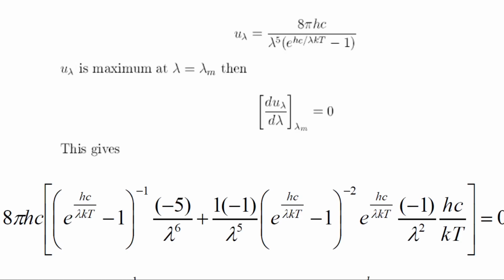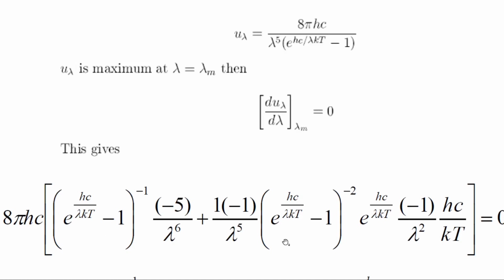I will keep the first function, (e^(hc/lambda kT) minus 1) to the power minus 1, as it is. Now differentiate 1 by lambda to the power of 5. It will give you minus 5 lambda to the power of minus 6, or minus 5 divided by lambda to the power 6. Plus I will keep 1 divided by lambda to the power of 5 as it is and differentiate the other term.